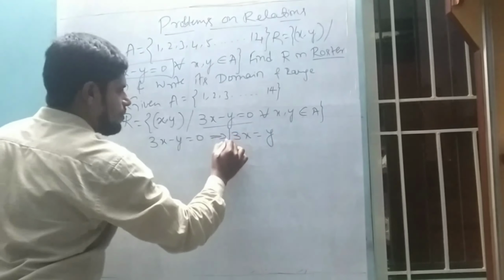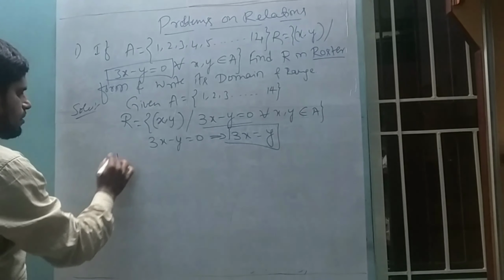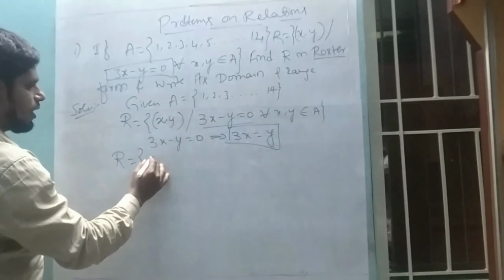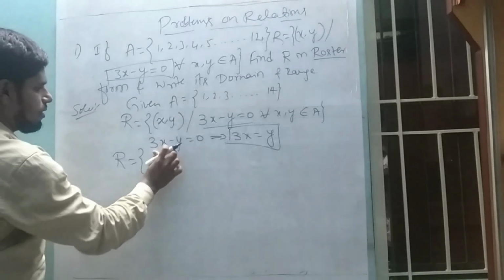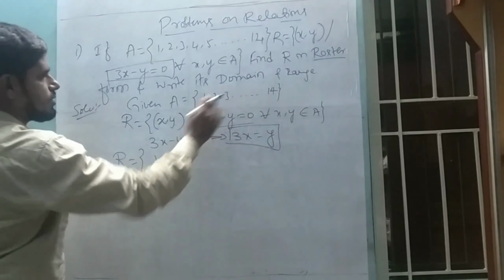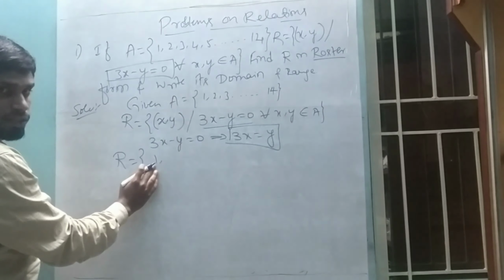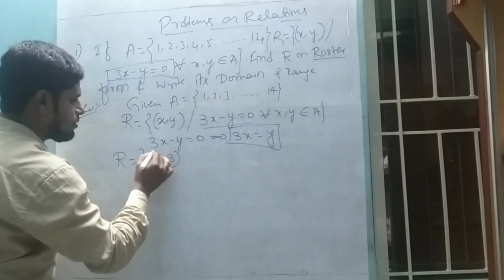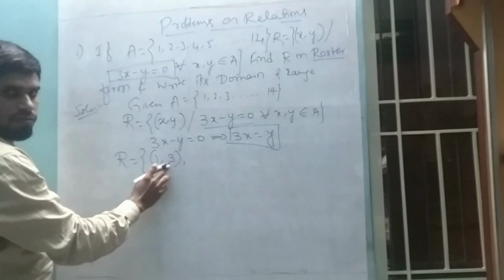With the help of this, let me see what the relation is. If I put x equal to 1, 1 into 3 is 3, that is equal to y. That is my (x, y), meaning (1, 3).